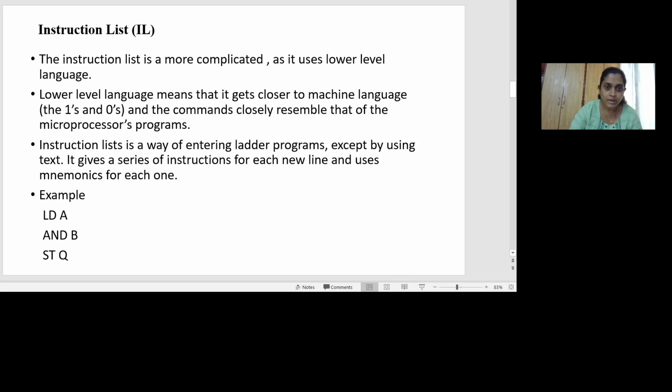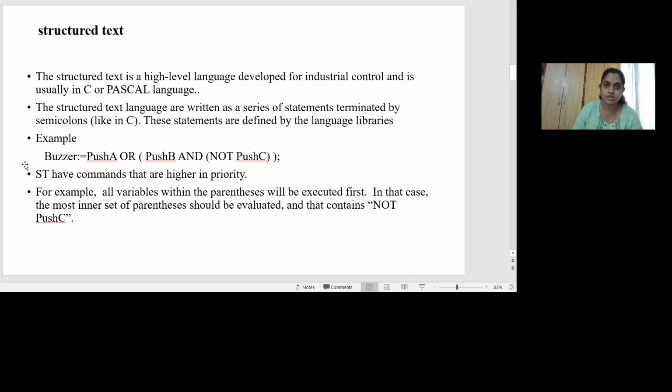And going back to structured text, here the advantages are it's very organized because it's a text-based language, and it uses functions such as for, while, if, else, case.